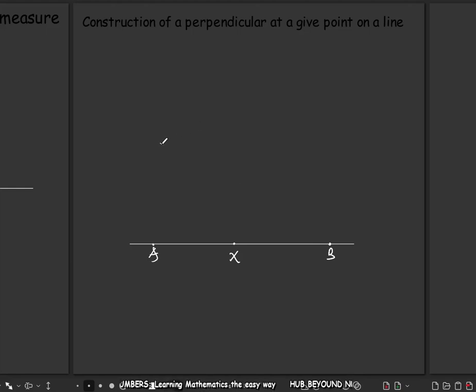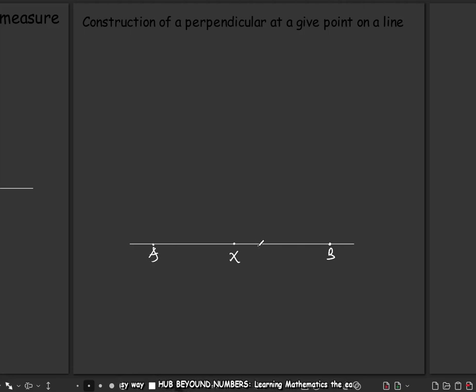What do we mean by that? If I have this line here and I have this one here, then I would say this line is perpendicular to this one if it touches at what? 90 degrees. So to construct this kind of line at a point X, it simply means we want a very straight line that will touch the point and meet it at 90 degrees.